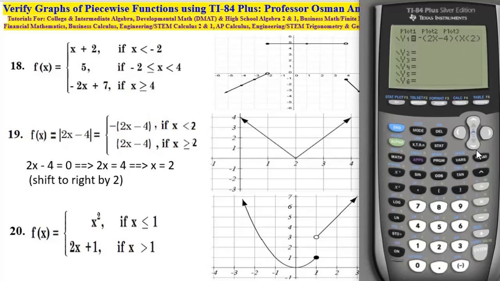It is also 2x minus 4, and this is valid for x greater than or equal to 2.